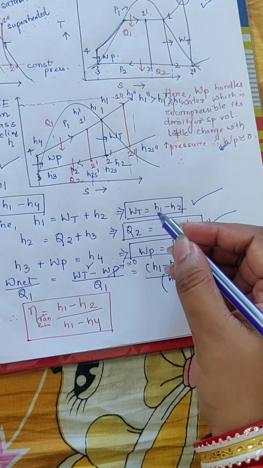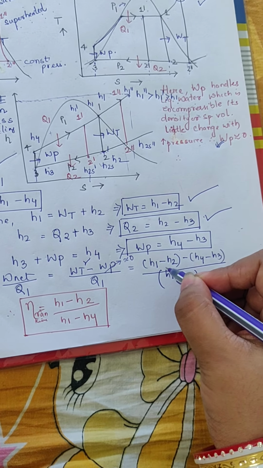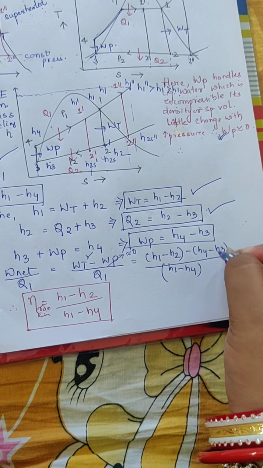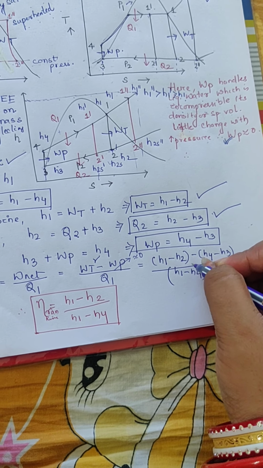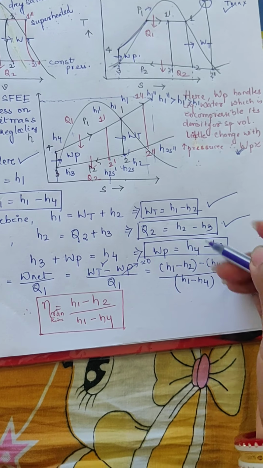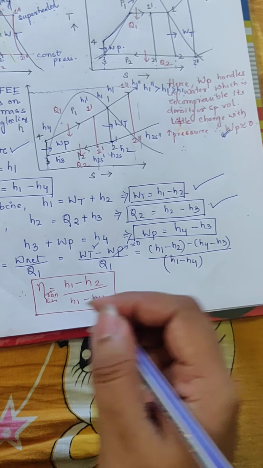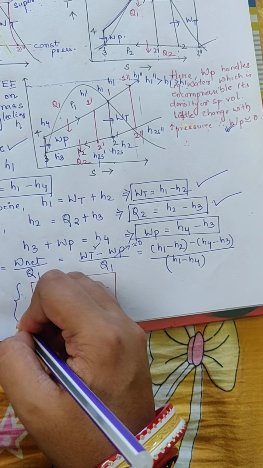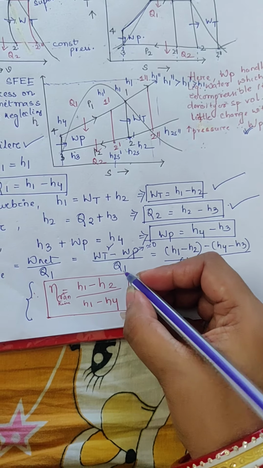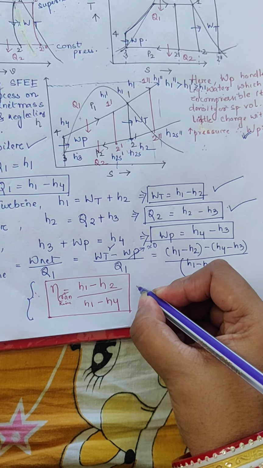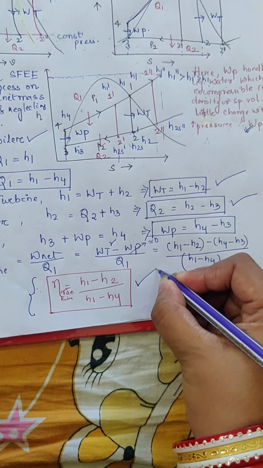Now put the value of WT as H1 minus H2, similarly WP as H4 minus H3, by Q1 which is H1 minus H4. So this one is the efficiency of the Rankine cycle, which is equal to H1 minus H2 by H1 minus H4.